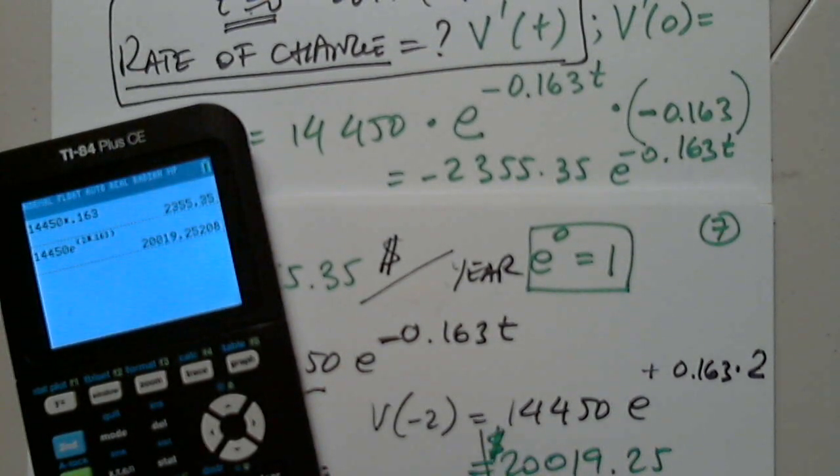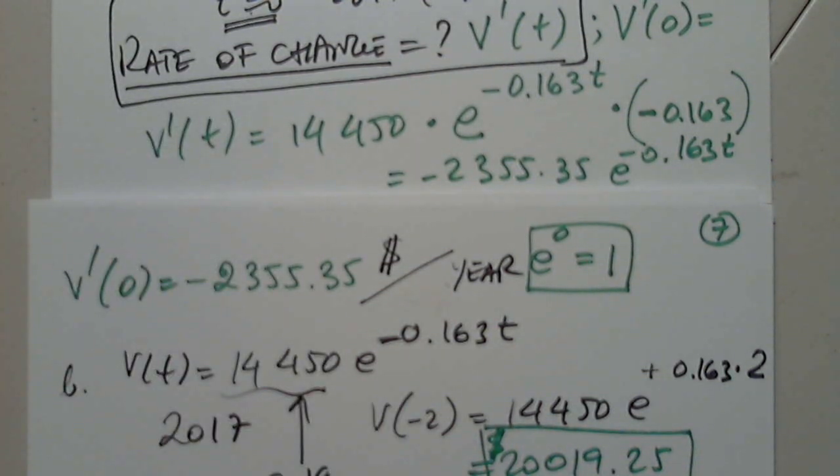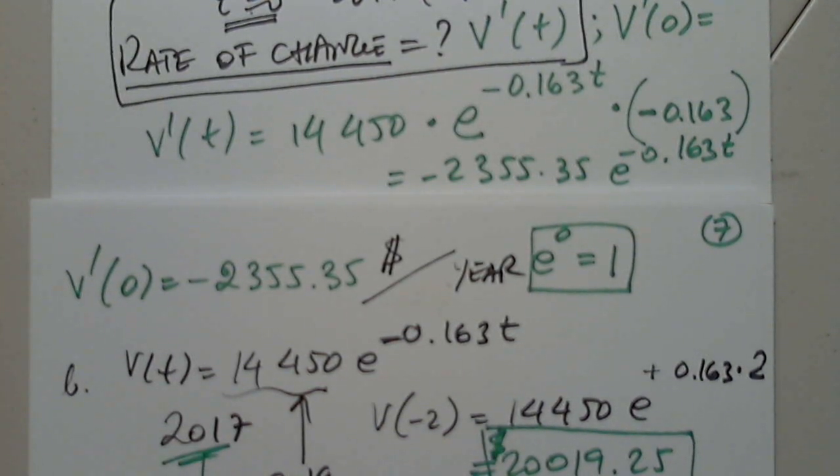That's why it only has one measurement unit. This is the value on such and such day in 2017. It decreased to 14,450 in 2019.